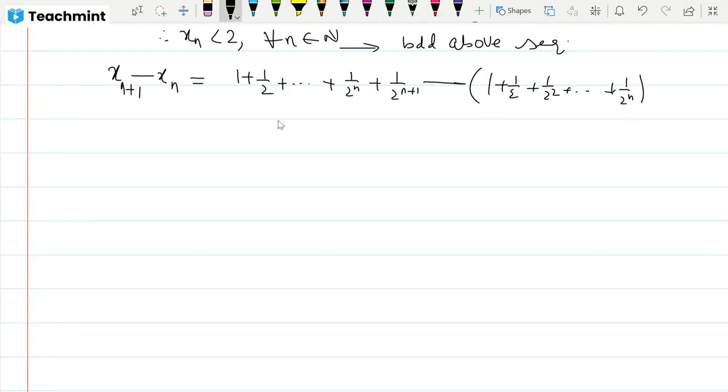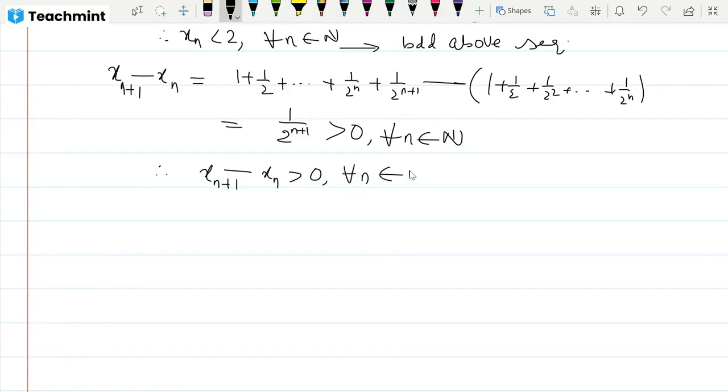All the terms are cancelled out, and we are left with 1 over 2 power n plus 1, which is always positive for all n belongs to N. Do you agree? So therefore xn plus 1 minus xn is positive for all n belongs to N. This difference is positive, which means xn is an increasing sequence.